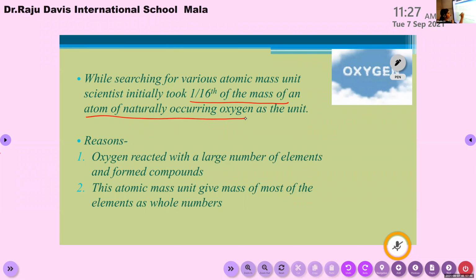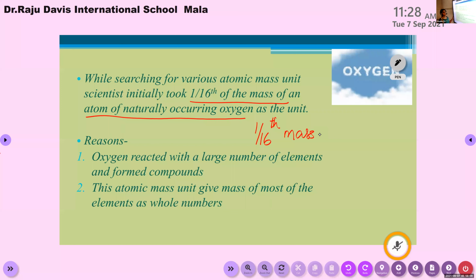1/16th mass of oxygen, that is fixed as the atomic mass unit or one atomic mass. Clear, children? While searching for various atomic mass units, scientists initially took 1/16th mass of an atom of naturally occurring oxygen as the unit.